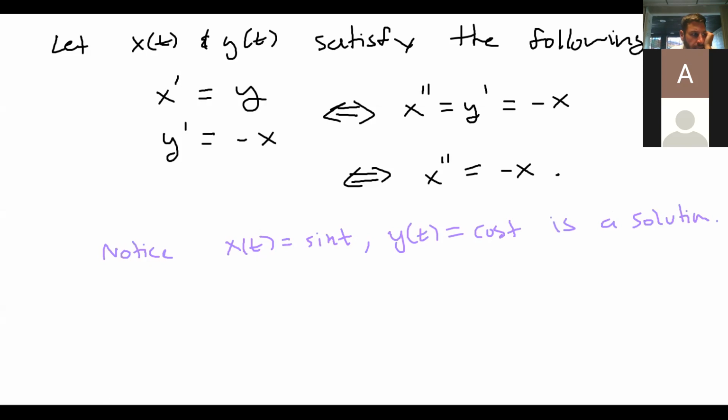Does anybody have a question about that? This is a very simple system of equations that we are able to solve by inspection. In general, that's not going to be the case.